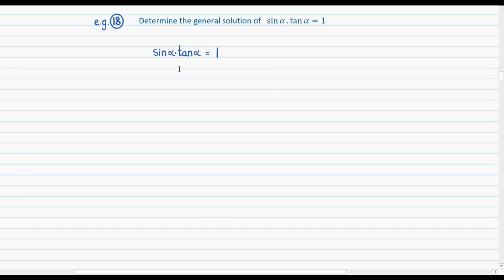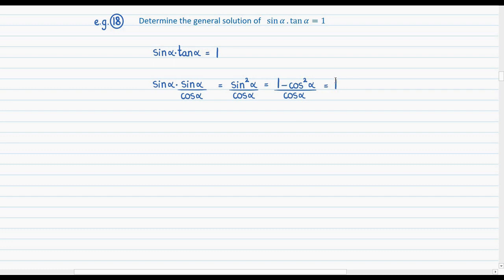The most obvious change you can make first is change tan alpha to sine alpha over cos alpha, which would give sine squared alpha over cos alpha. Then we can try to represent both the numerator and the denominator in terms of cos. So I'll change this sine squared alpha to 1 minus cos squared alpha, giving 1 minus cos squared alpha over cos alpha, and this would all be equal to 1.